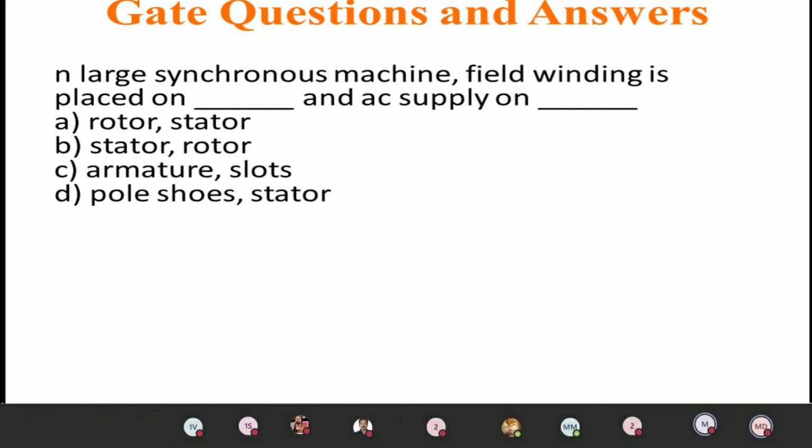So they use slip rings. Not slip, because slip is the speed difference between stator and rotor, but a slip ring is a device which provides connection between a rotating circuit and a stationary circuit.